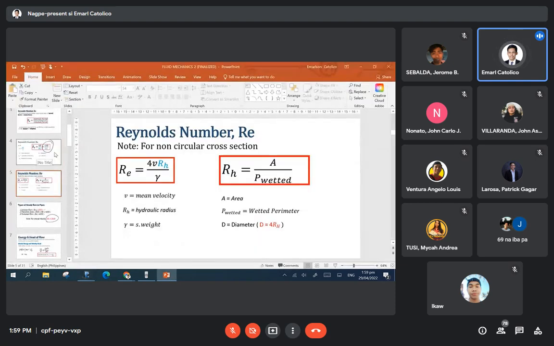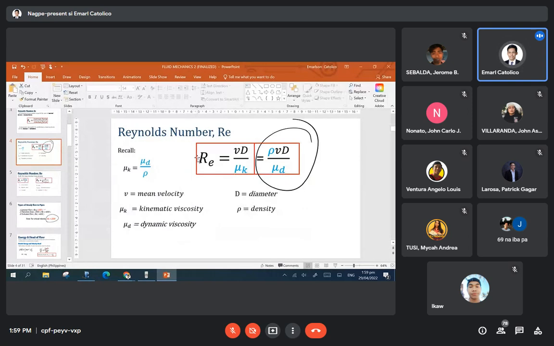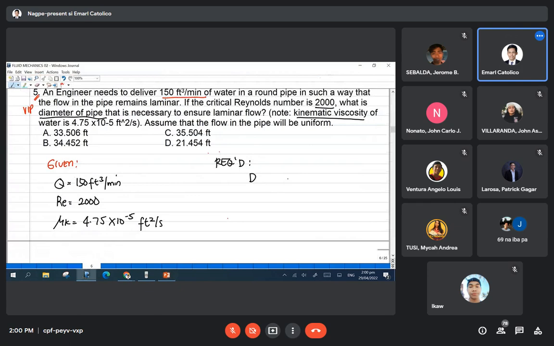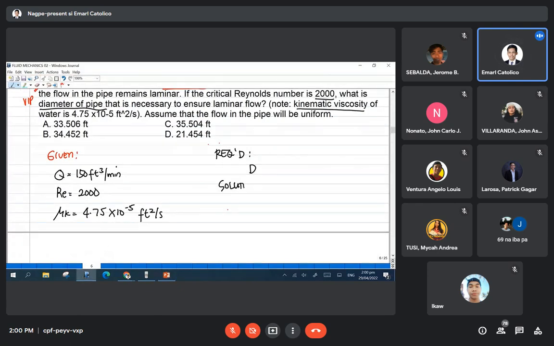So, since Reynolds number pa rin siya, ito yung formula na gagamitin natin. Reynolds number is equals to velocity times diameter over kinematic viscosity. Pero wala kang velocity and wala kang diameter.